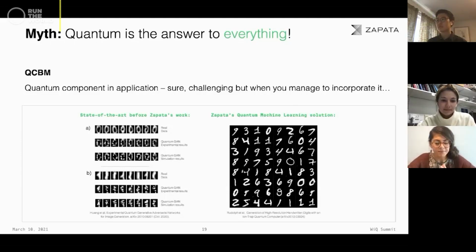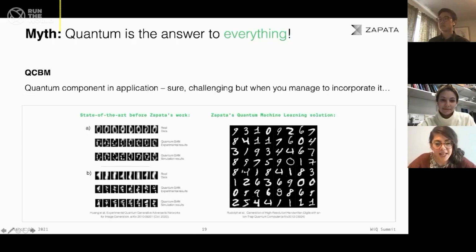And the idea is that we enhanced a classical model using a quantum component, namely the QCBM that Kaitlin was mentioning before, and by enhancing our classical neural network with this quantum component, we were able to improve the results that existed for a quantum generative model before our paper last December.